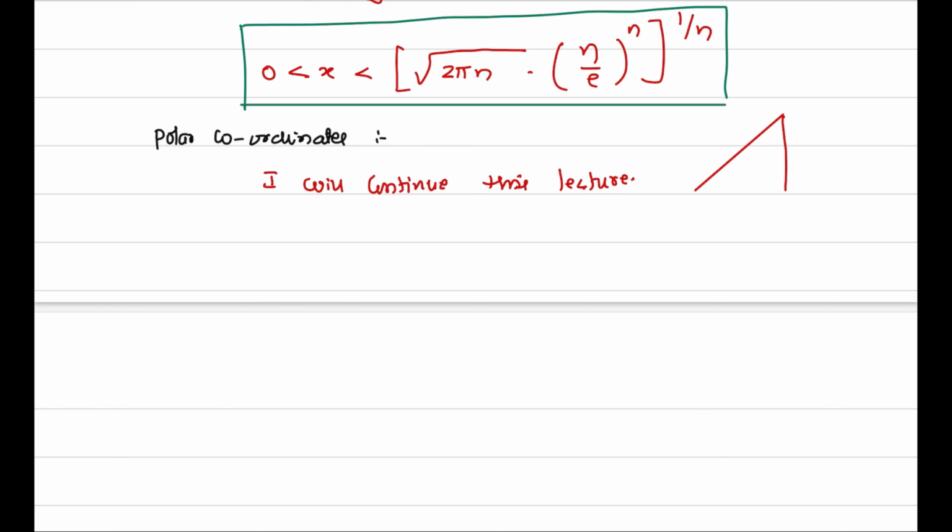If this is the theta and this is r, then this is r cos theta and this is r sin theta. This is equal to y, this is equal to x. You try to apply this rule and get some solution, and I will be explaining in detail and derive the formula in polar coordinates in the next class, because this class is going to be lengthy.